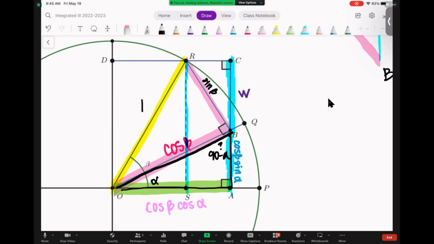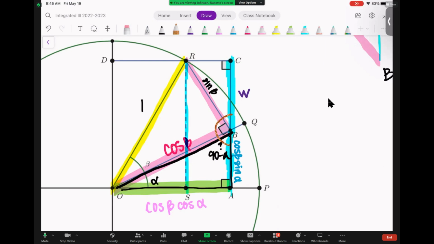So all three of these angles in here have to add up to 180. 180 minus 90 is 90.